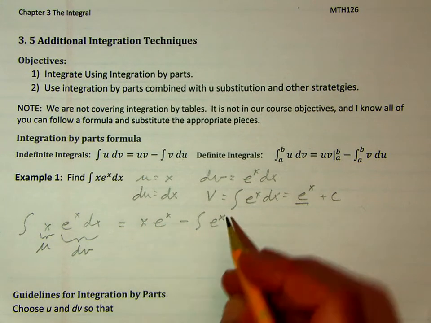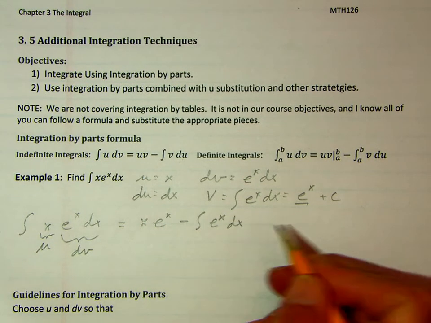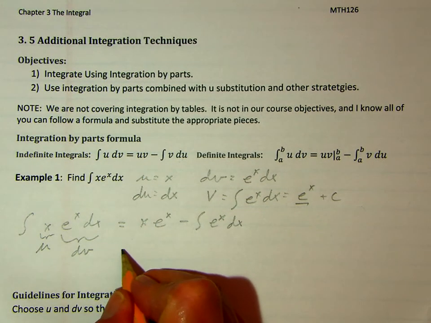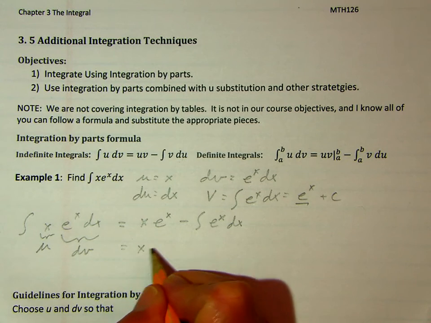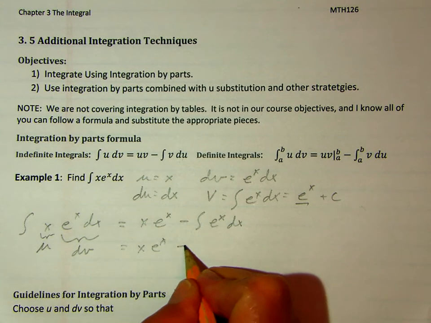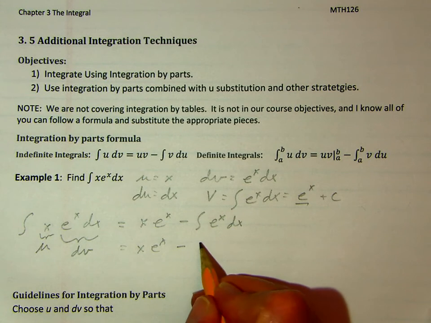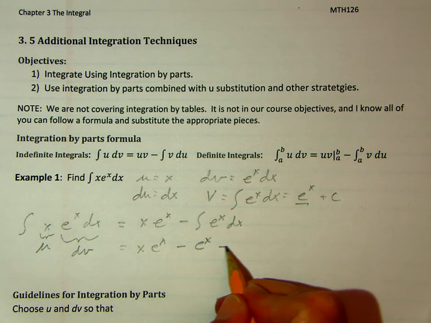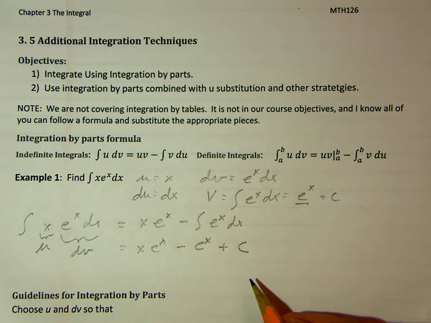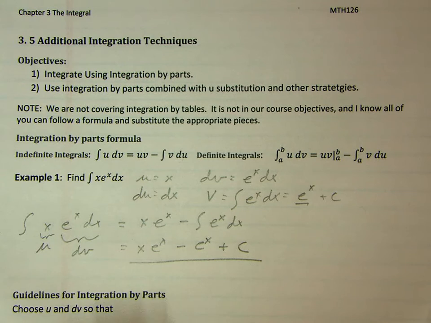Du was dx, exactly what I needed. So that would be x e to the x minus, but the integral of e to the x dx is e to the x. And now we'll put on our plus c. And that's it. Now understand, the problems are rigged so that you can solve them. So you will get the pieces that you need.